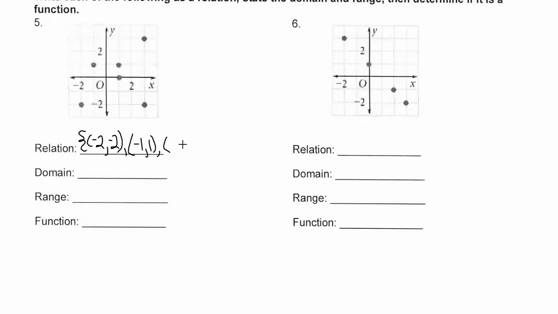My third point, I'm going to go with this one on the x-axis, is going to be (1, 0). The point just above it is going to be (1, 1). The point down here in the bottom right is (3, -2). And finally, this top right point is (3, 3).